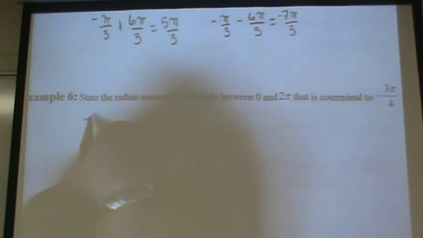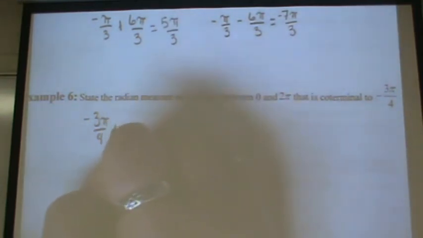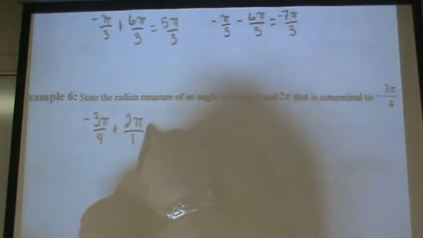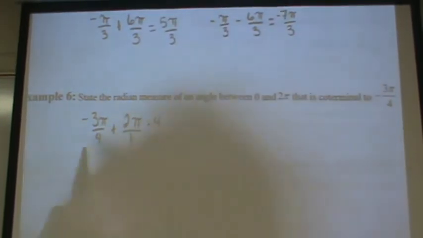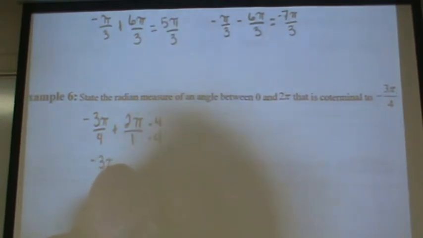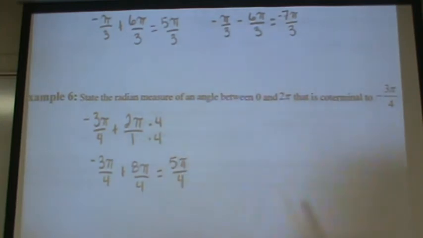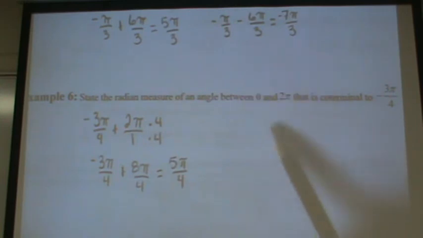So we're going to just add 2 pi. Again, we have to get a common denominator. So negative 3 pi over 4 plus 8 pi over 4, and we get 5 pi over 4. And that is between 0 and 2 pi.